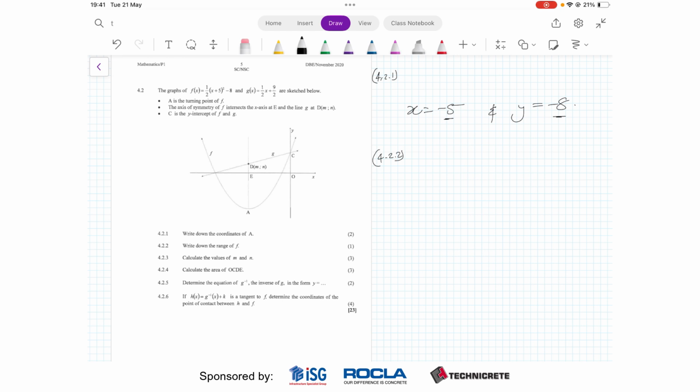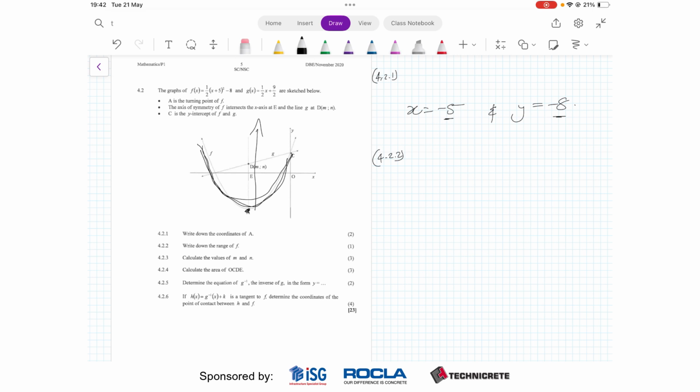4.2.2, write down the range of f. Now f is a parabola, meaning its range is any point on the y-axis that lies either above or below the turning point. Because in this case our graph is smiling, it means that the range of f will be any point starting from the turning point all the way up to positive infinity.